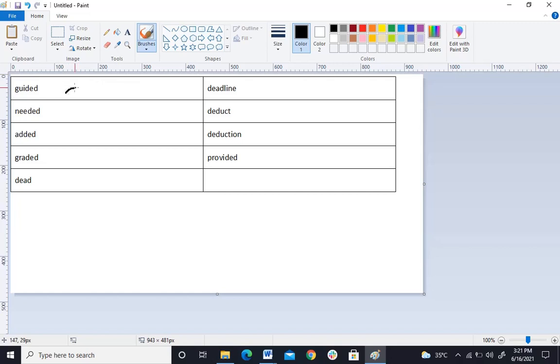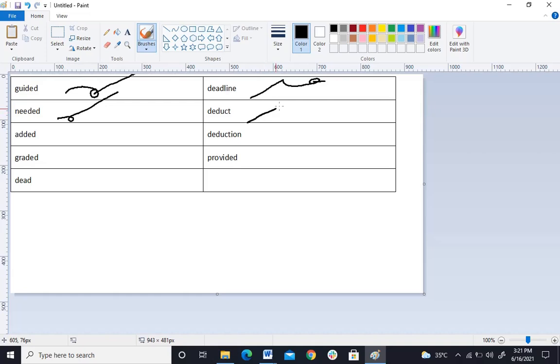Guy, G, and I, and then we have D. Deadline. Oops, I'm sorry. Baliktad. We have deadline. Needed. So, we have need.